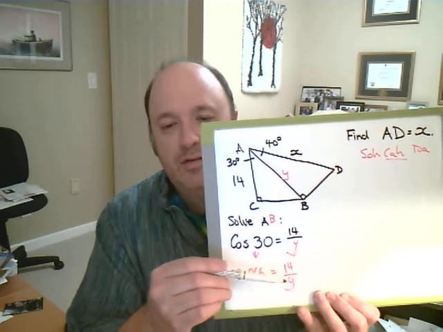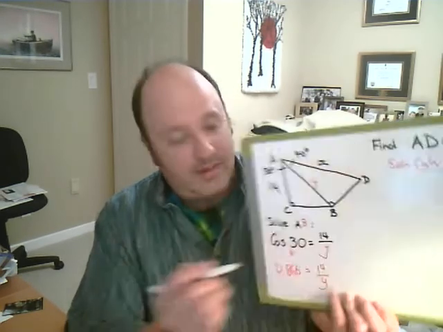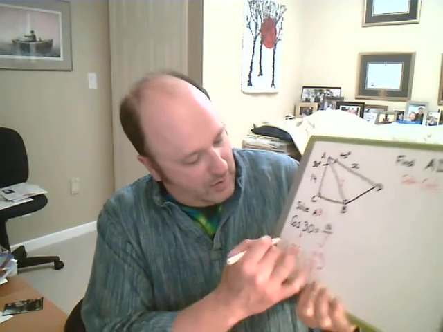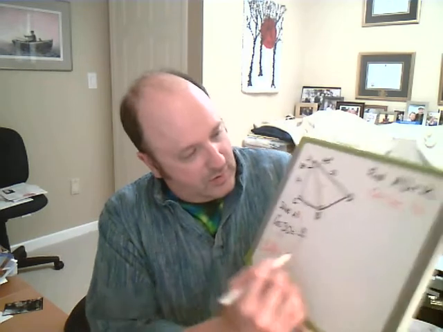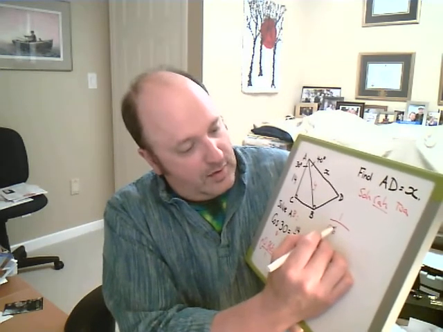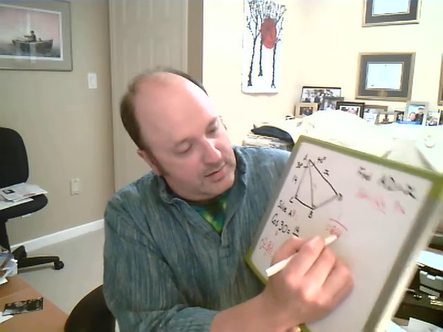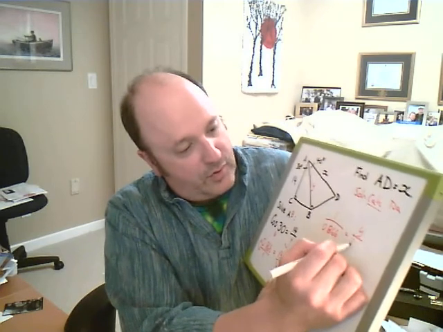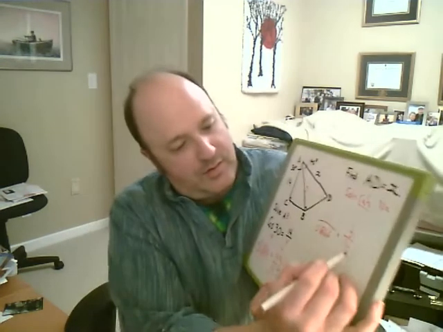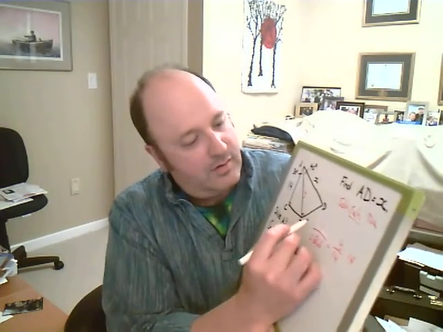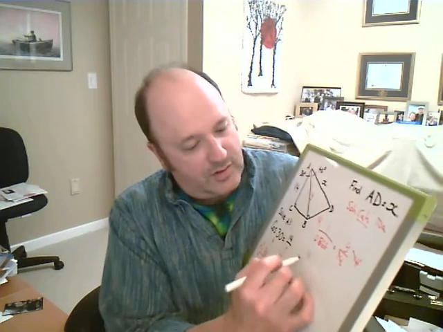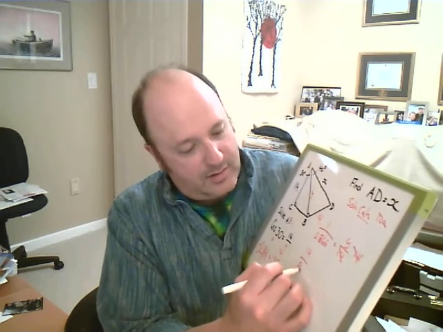Or you can flip both fractions, however you like. Let's go through that. So 1 over 0.866 is equal to y over 14. Right, like that. Now I can times both sides by 14.